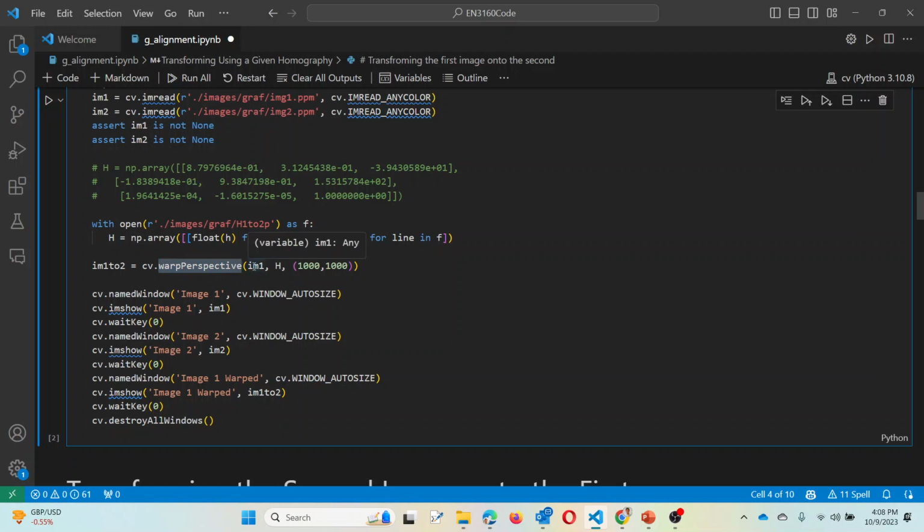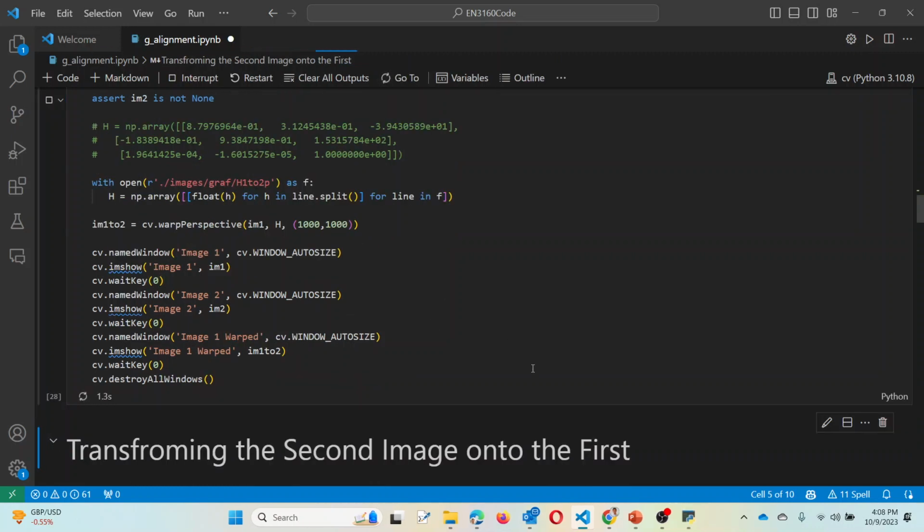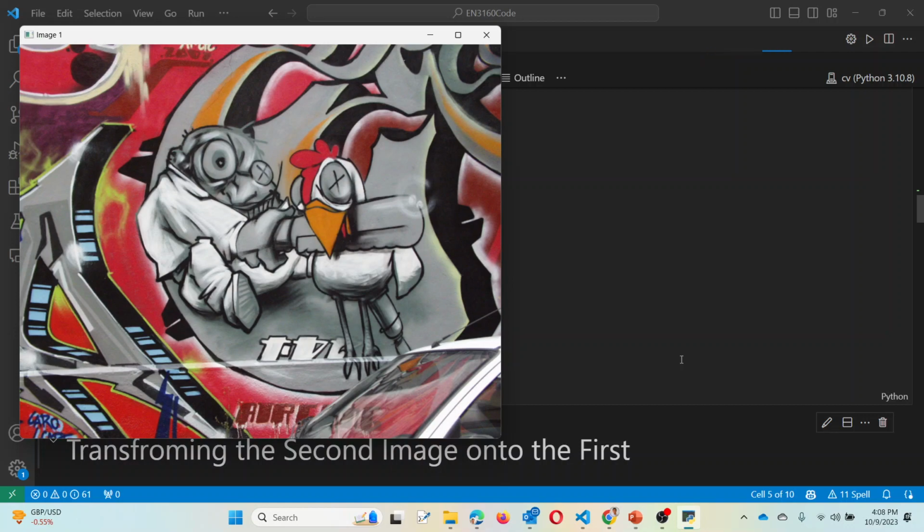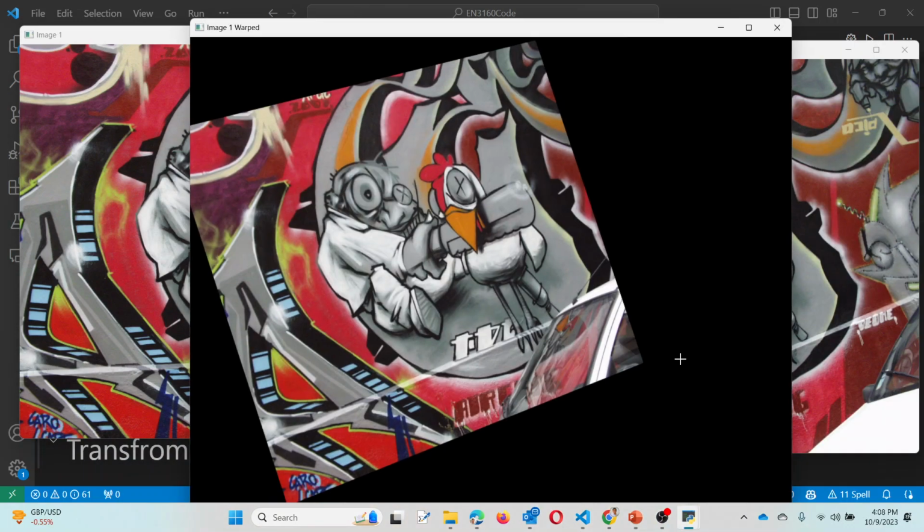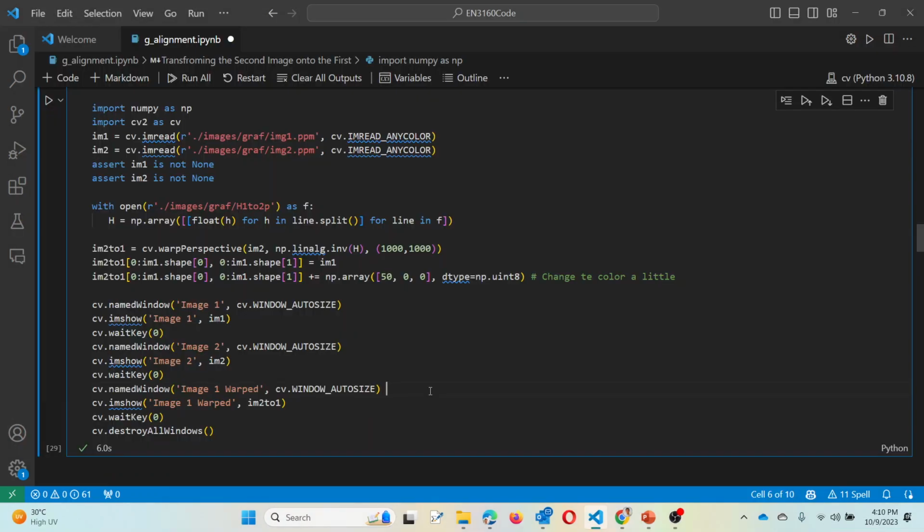Using that, I can warp image 1 onto image 2's frame. If we run this, you would be able to see the first image, second image, and you can see it has been transformed, but you won't be able to see that it has actually been transformed because the windows are resized. Image 1 transformed to image 2.